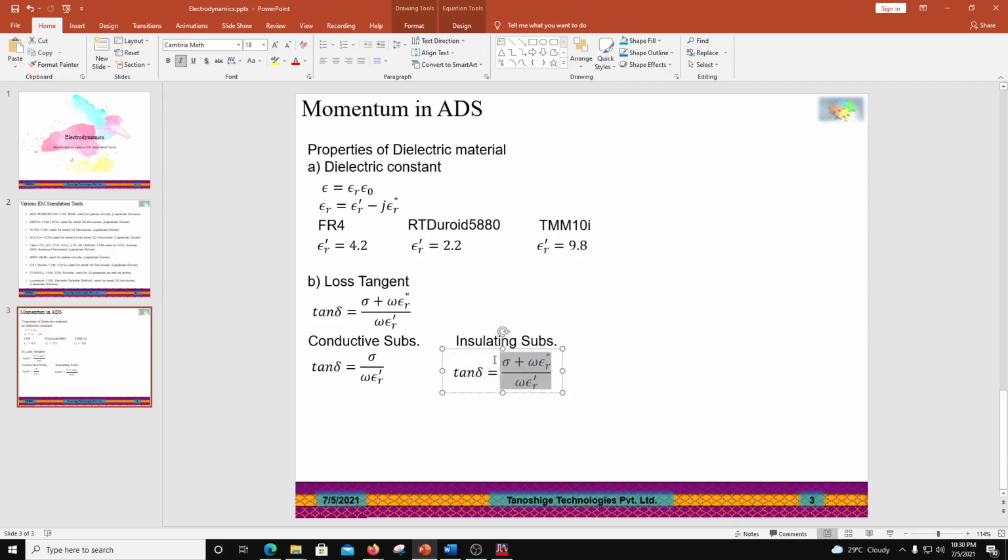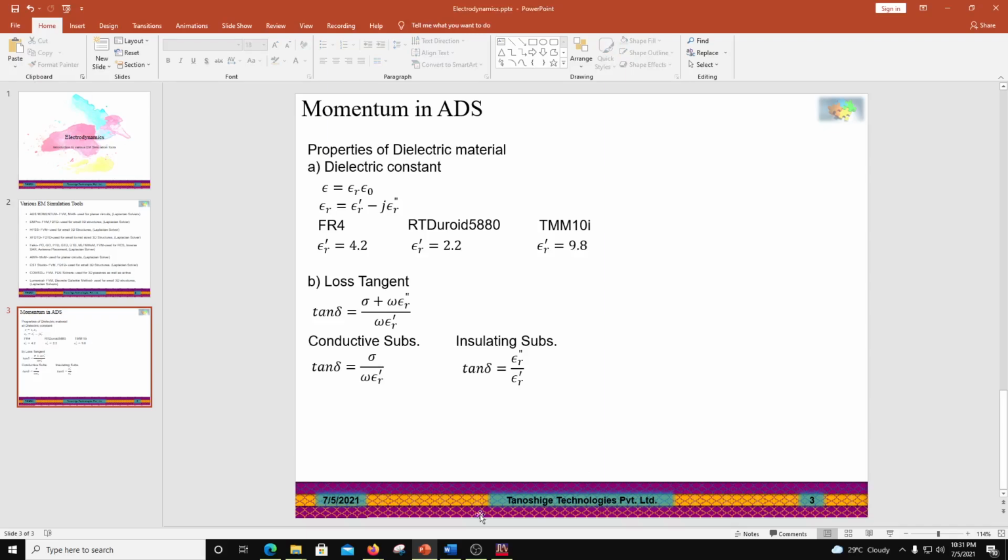Here, once you cancel this portion, you also cancel this portion. So you see that the substrate is not frequency dependent, so it's not dispersive. So then substrate can be two types: dispersive substrates and non-dispersive substrates, right? So in case of EM Pro or ADS or momentum, you can model them as things with loss tangent or things with sigma. Okay, so you have a choice to do that.